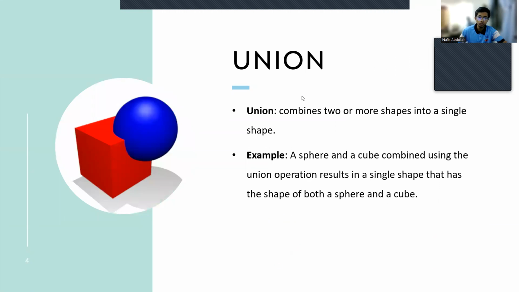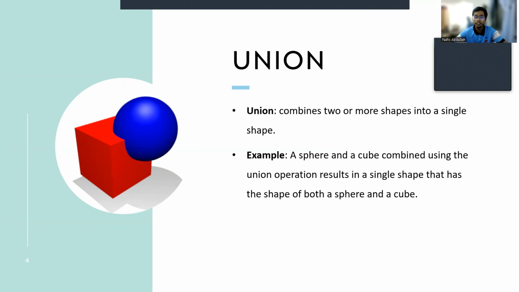Next, we have union. So what is union? Actually, union combines two or more shapes into a single shape. For example, if you have a sphere and a cube and want to combine them using the union operation, the resulting shape will have the shape of both a sphere and also a cube. It will contain all the volume of the sphere and the cube and will be a single unified shape that includes all the parts of both.